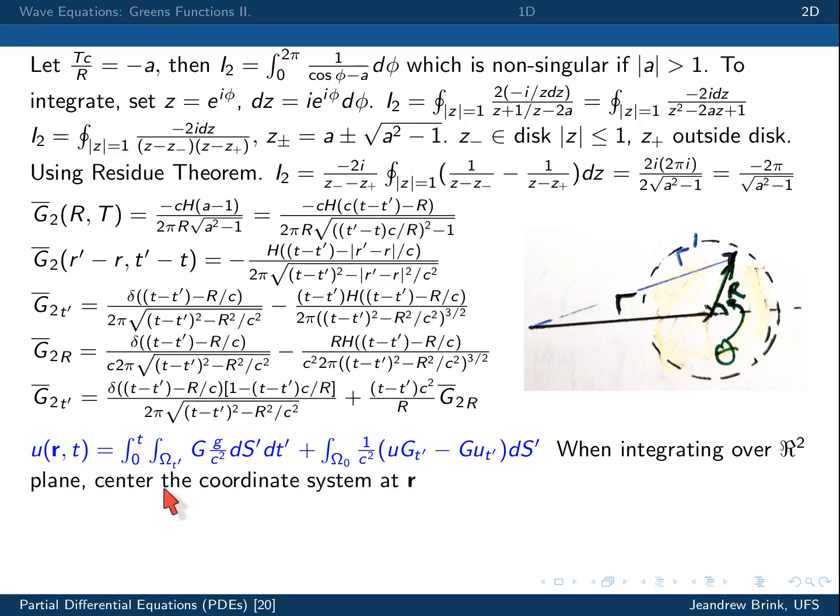In order to do this integral, we're going to center the coordinate system at the field point where we're going to evaluate it. We're also going to say the direction of R indicates the x direction of our coordinate system, and therefore our angle theta is equal to 0.